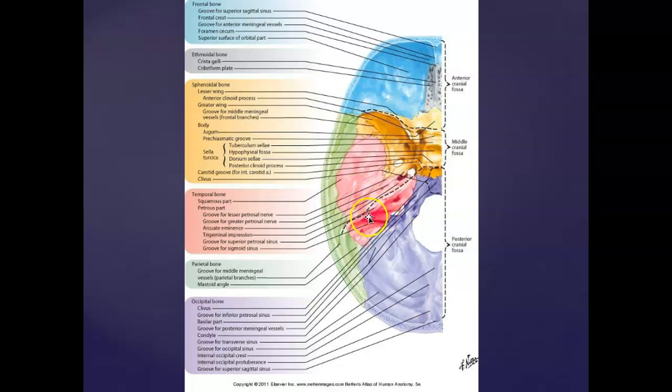Remember that the internal carotid artery enters the carotid canal way back here by the jugular canal, and it goes through the carotid canal through that petrous portion of the temporal bone. And then it exits right here and goes over that foramen lacerum and then sneaks itself up the side of the body of the sphenoid before it lets off a branch called the ophthalmic artery.